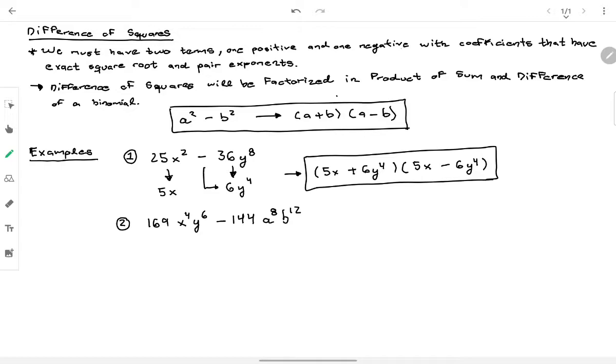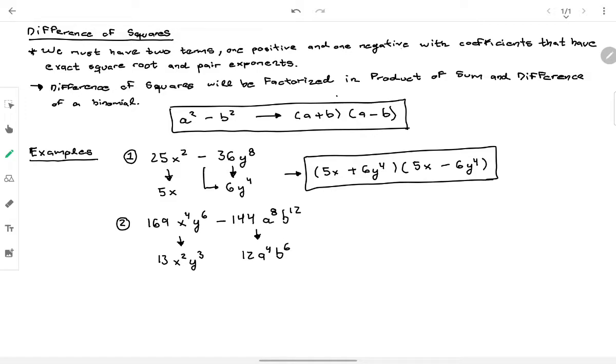So in this second exercise we have something like this, also two terms, one positive, one negative. We need to check if they have exact square root. In this case it's going to be 13x squared y to the third and 12a to the 4 b to the 6.